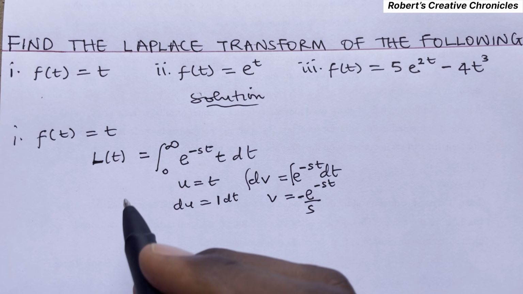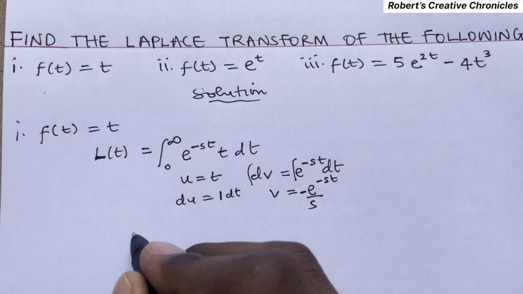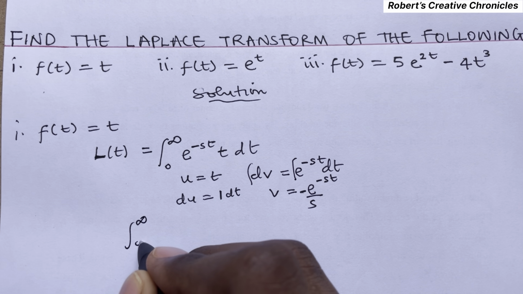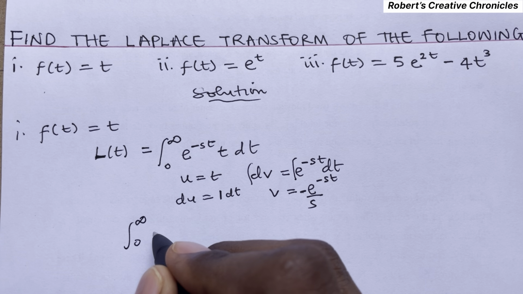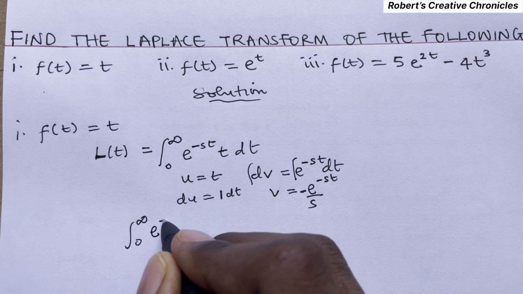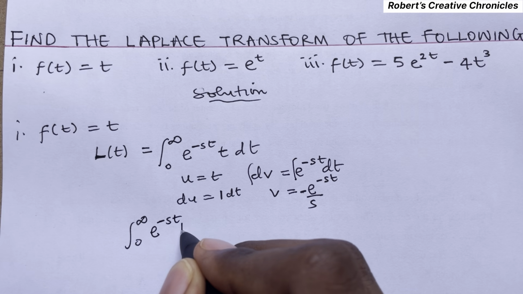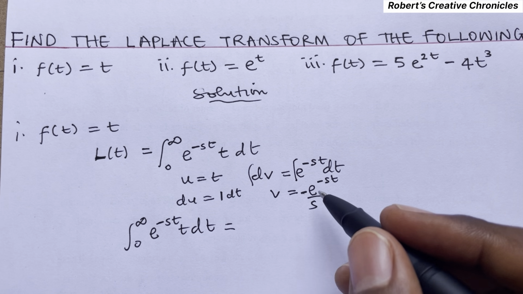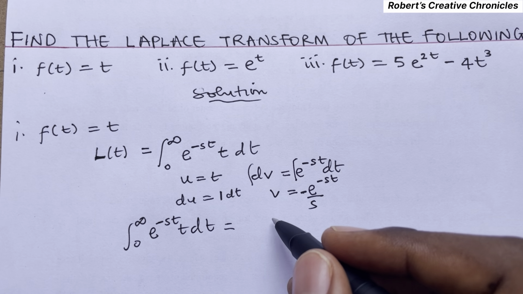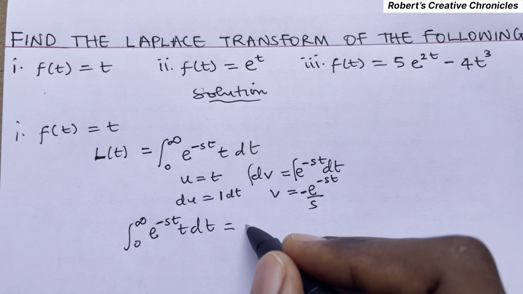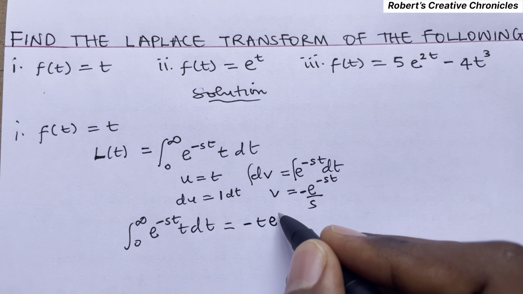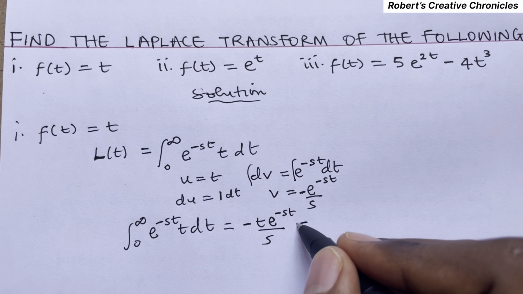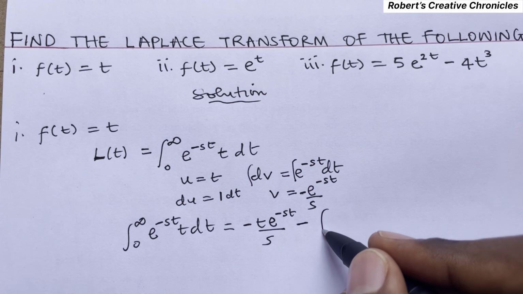So now, the integral from 0 to infinity of exponential minus st times t dt is equal to uv, using integration by parts. uv is minus t exponential minus st over s, then minus the integral of v du.